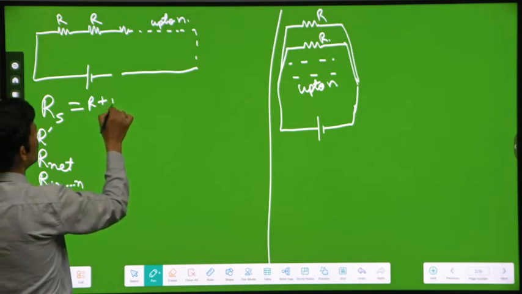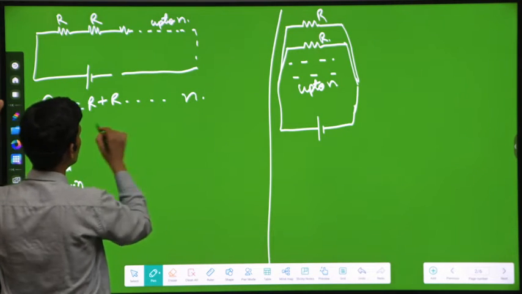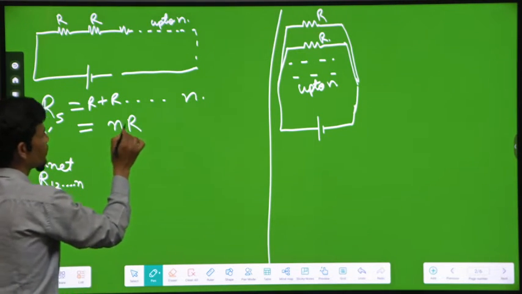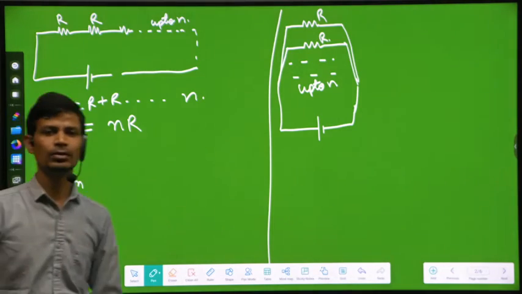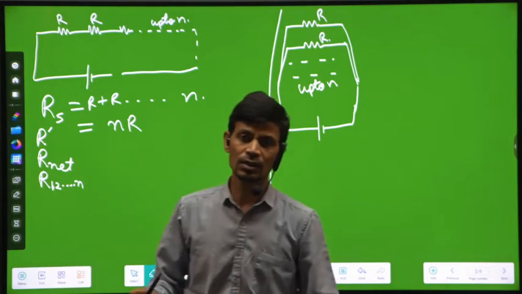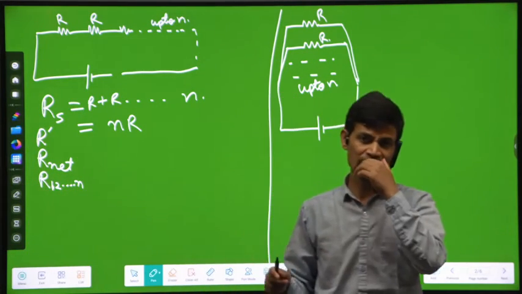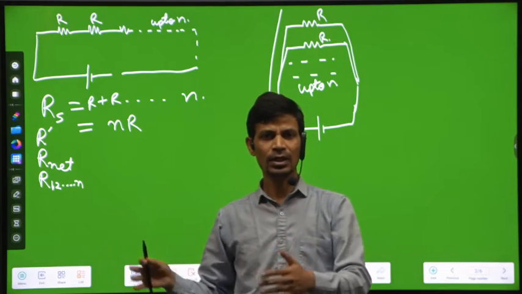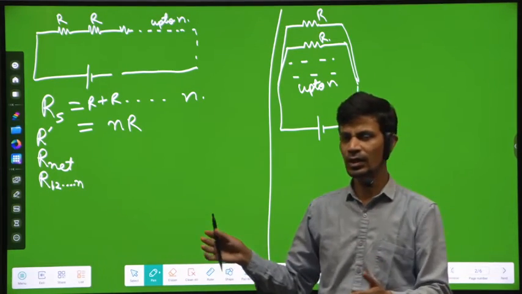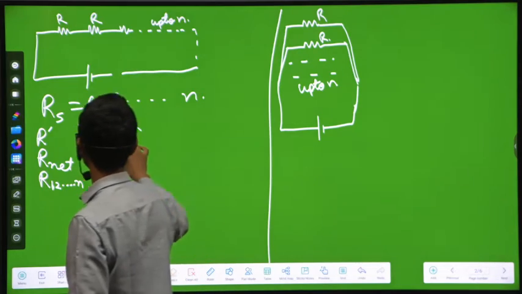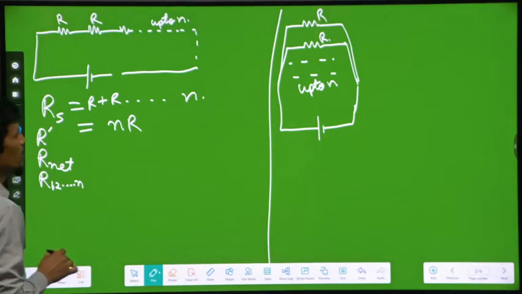R plus R up to n, that will be nR. Let me explain. If there were 2 resistors, then R plus R is 2R, 3 then 3R, 4 then 4R. If there are n, then nR is the answer.